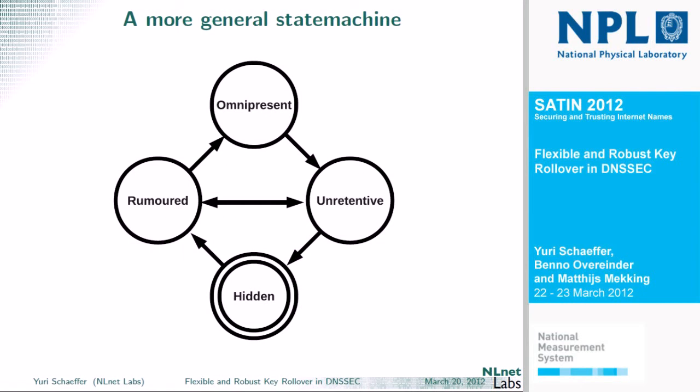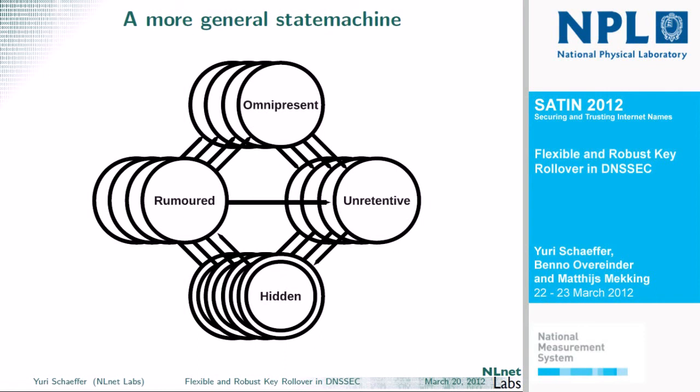With a key, there are a couple of resource records associated. Of course, the DS record, the DNS key, and all the signatures in the zone. I also have a special state machine for the signature of the DNS key set.